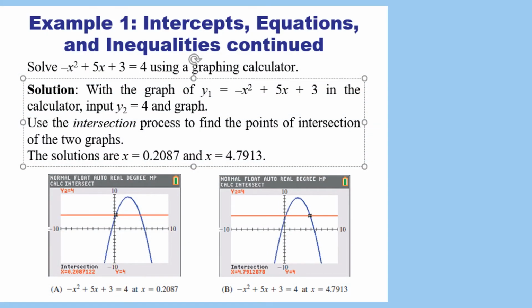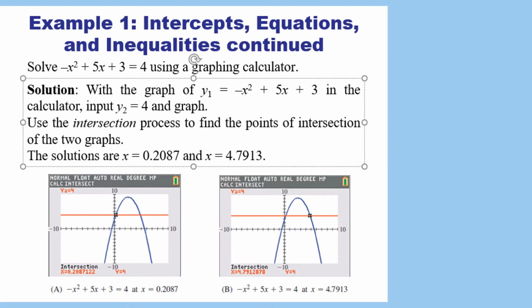If we are trying to find the x-intercepts and y-intercept for negative x squared plus 5x plus 3 equal to 4, we can use two methods. The first is the method we used earlier, taking this as negative x squared plus 5x plus 3 minus 4 equal to 0, which is negative x squared plus 5x minus 1 equal to 0.